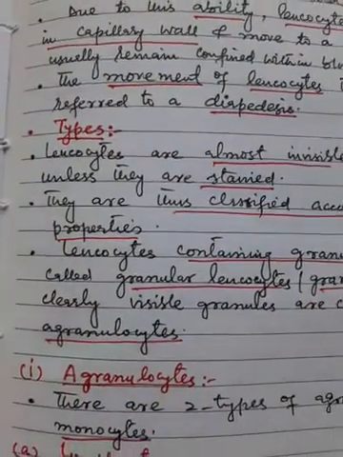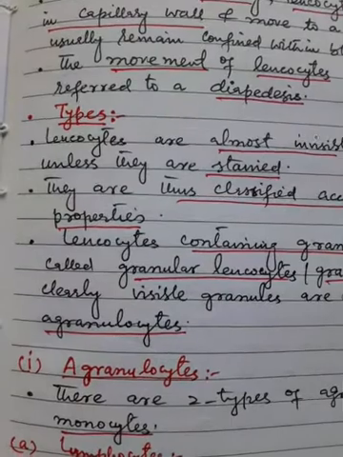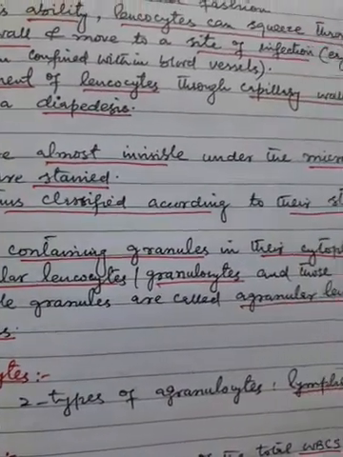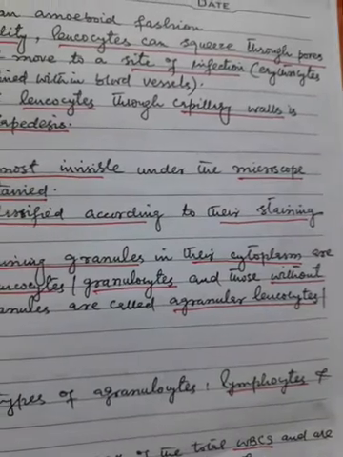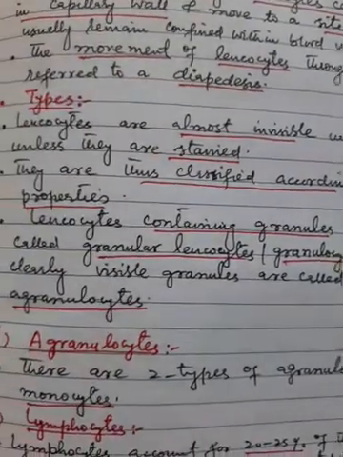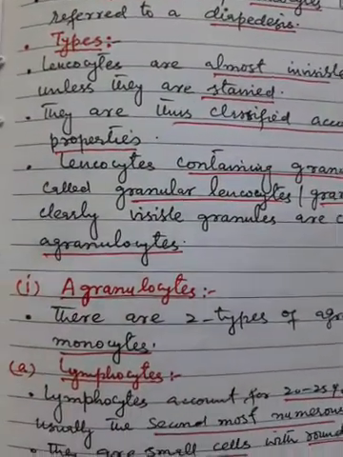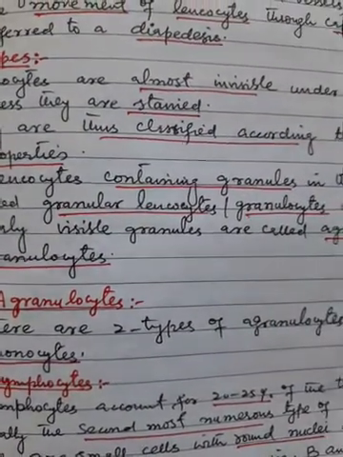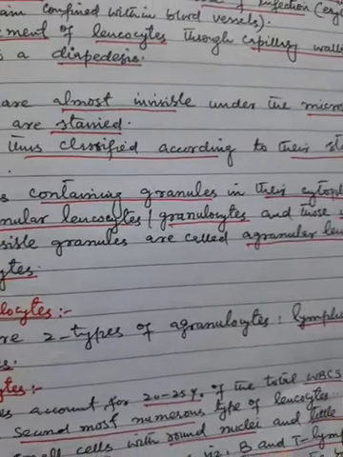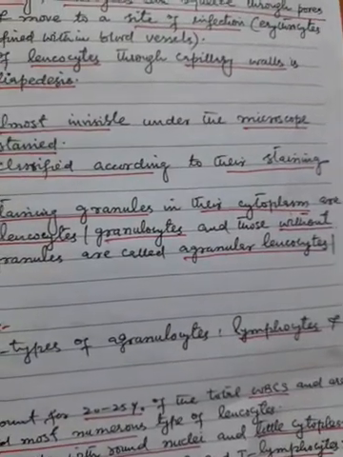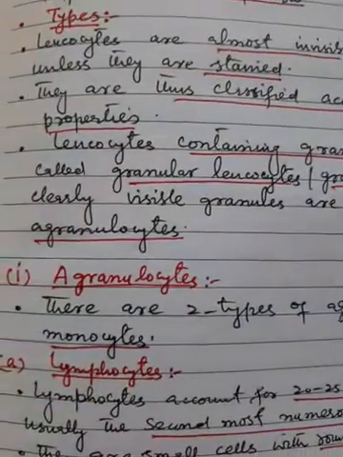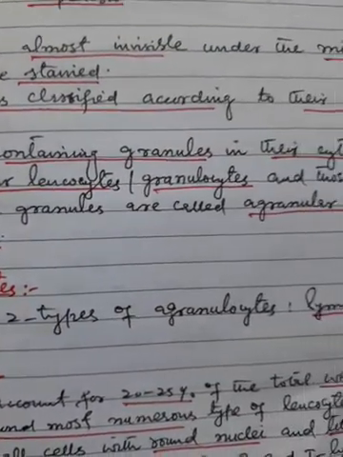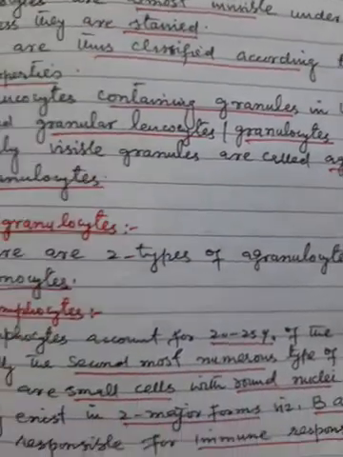Now, first, agranulocytes. There are two types of agranulocytes, which include lymphocytes and monocytes. Now, lymphocytes. Lymphocytes account for 20 to 25% of the total WBCs and are usually the second most numerous type of leukocytes.